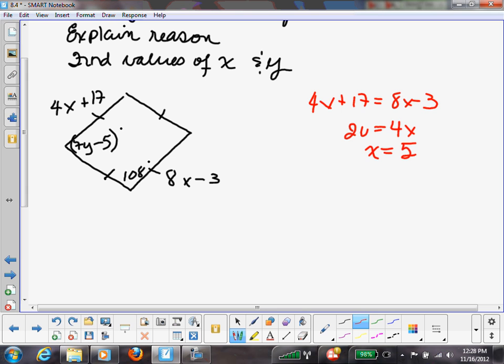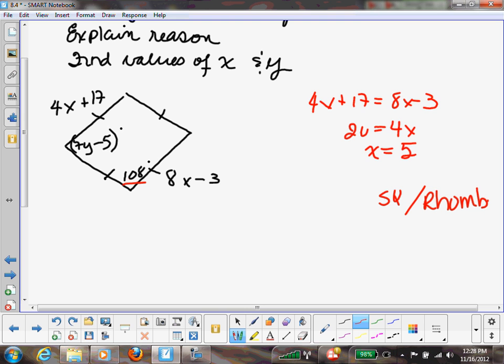Okay? In either case of a square or a rhombus, what do we know about the angles? And adjacents are 180. So let's see. What would make this a square? Would anything make it a square? No, because I got 108 degrees, right?